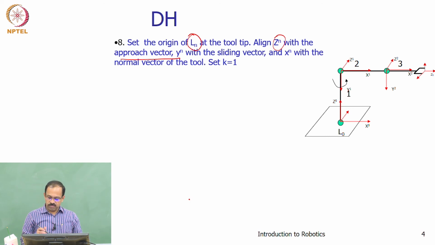So, now the final requirement is that we need to find out this position. Assume that this is the tool position we are interested in. We need to know how this moves with respect to the base, so we need a relationship for how this coordinate frame changes its position and orientation with respect to the base. There is a position vector which decides the position of the tooltip, and there is an orientation which decides the way in which it is oriented.